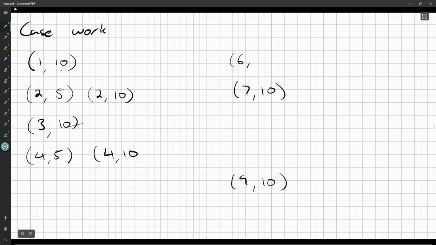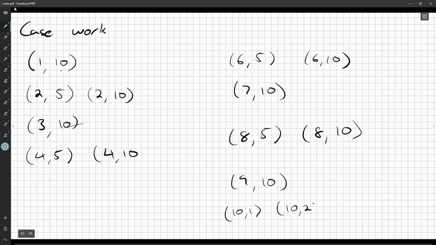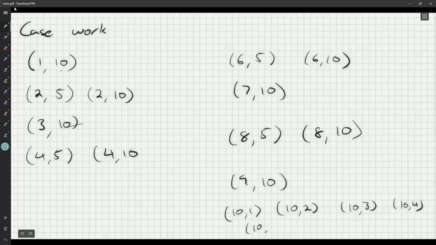Interesting. 4, I've already said, does 4, 5, and 4, 10. And the same thing should work with 6. 6 just brings a factor of 2 to the table. So 6, 5, 6, 10. And similarly with 8. It's got lots of factors of 2, but we just need the 1. And then, well, 10 goes with everything. As if Andre picks the 10 out, there is a 10, right? It's 1 up to k.